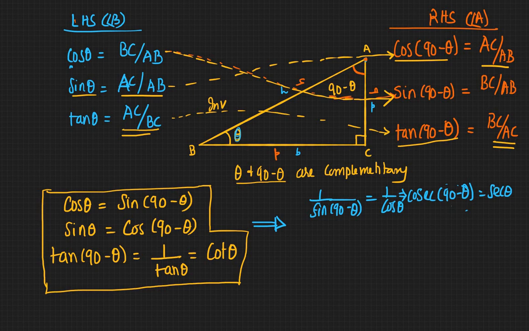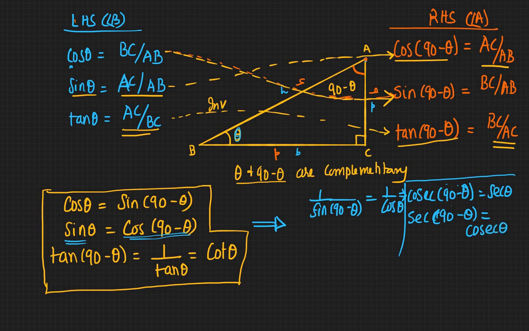So this is the first, and similarly we can write the other relationship. If you inverse cos, you get secant 90 minus theta is equal to 1 by sine theta, which would be cosecant theta.